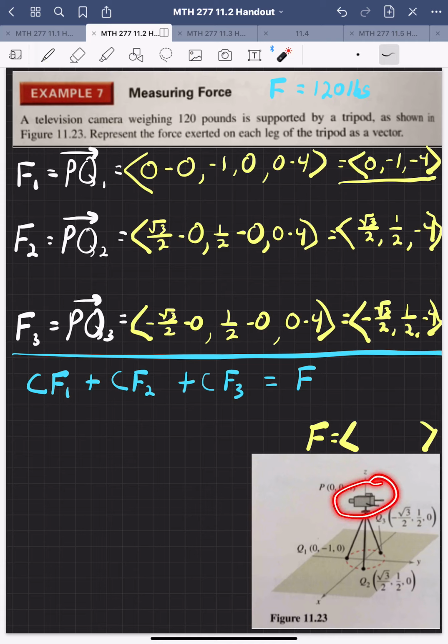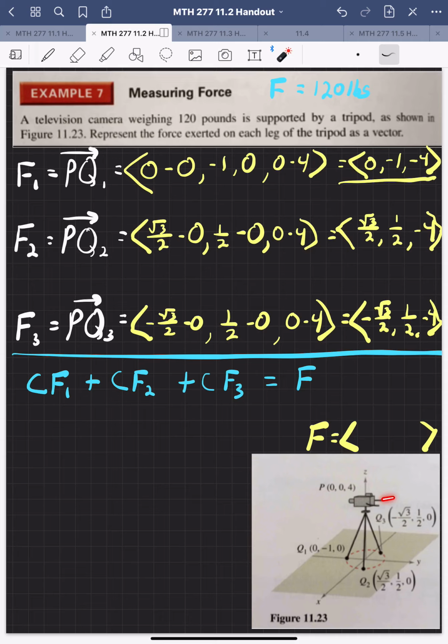All right. Well, can we agree that all 120 pounds is moving downward, negative in the Z direction? Can we agree on that? I mean, the camera does. It wants to fall to the ground, so it wants to travel in a negative z direction.